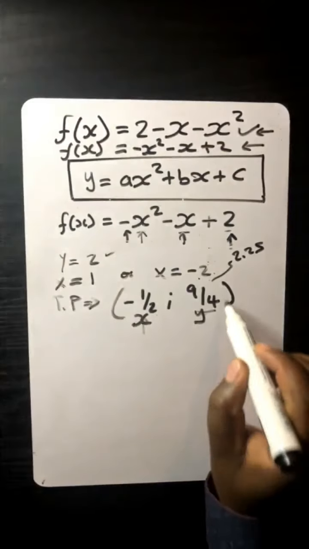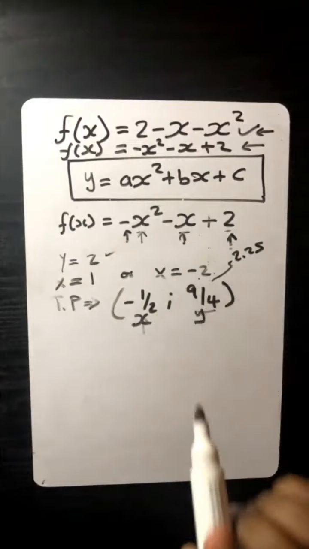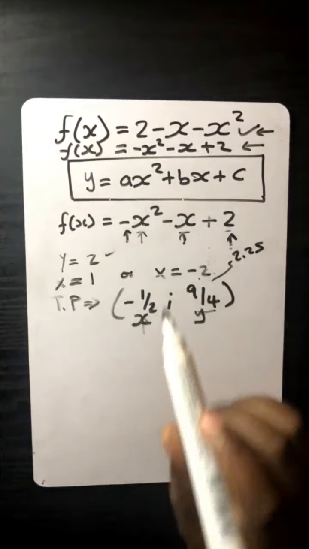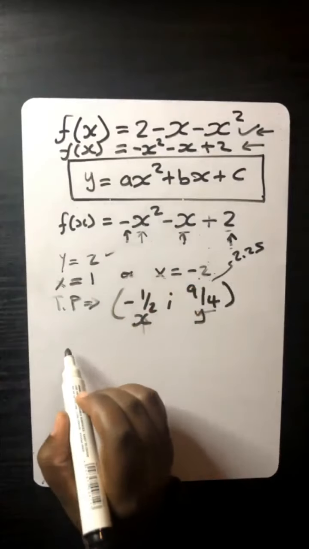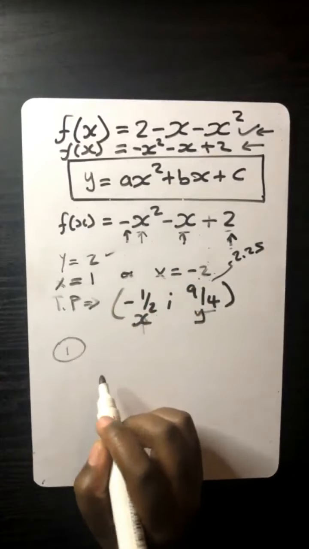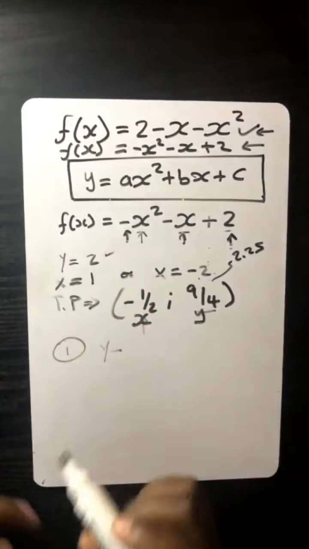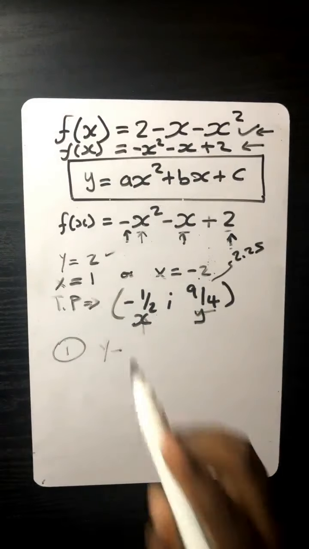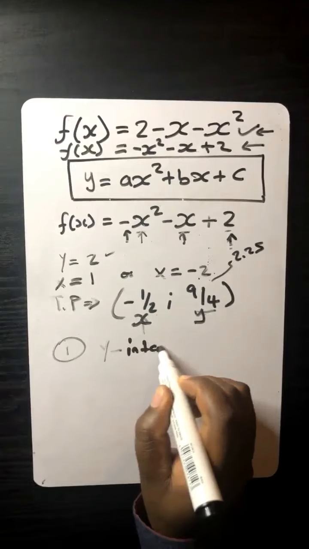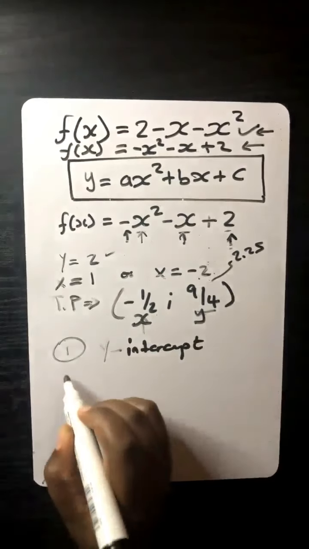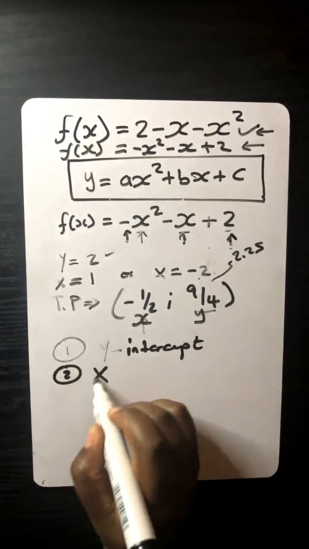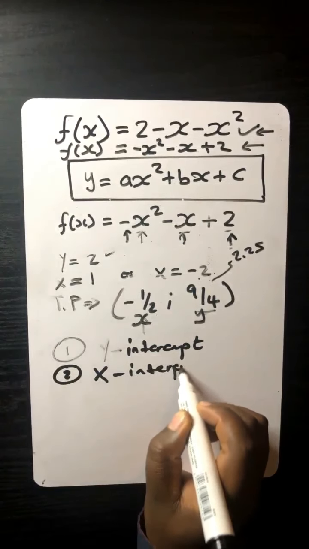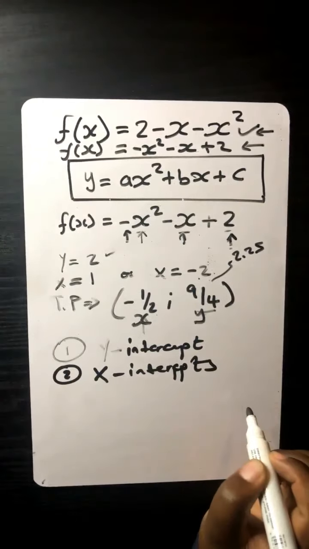Now that you've got that, in yesterday's lesson, you will see that to plot a parabola you need, let's just do this, guys, the y-intercept. Number 2, you need the x-intercepts.